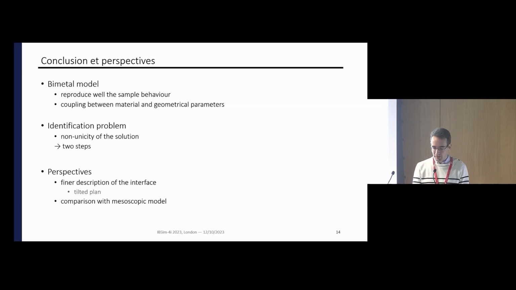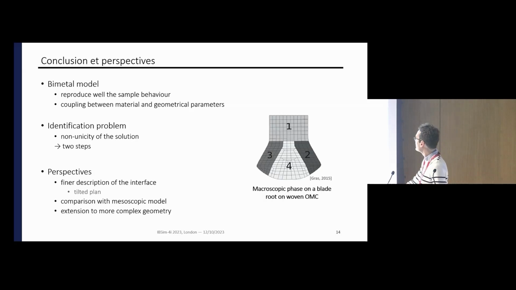Typically we can think about this kind of model, a model for the blade root, so typically the fan blade, the one you see on the engine, which is modeled because of the different weaving patterns, etc. It adds some complexity, but we don't want something too complex because the main objective is to have the simplest model describing what we want to see.